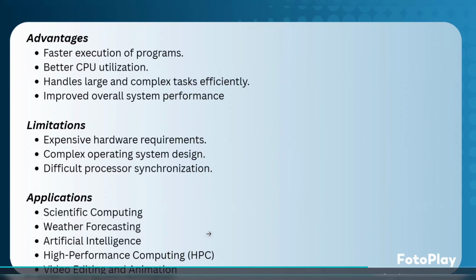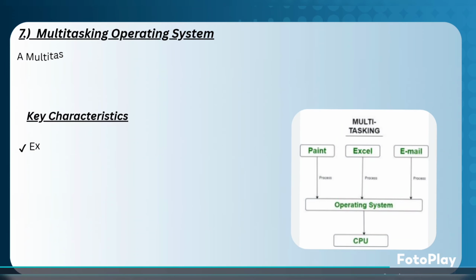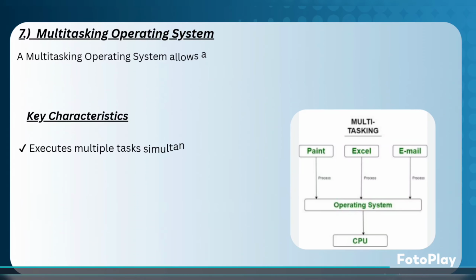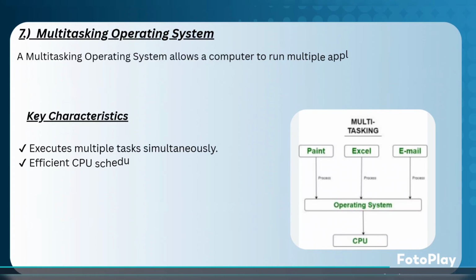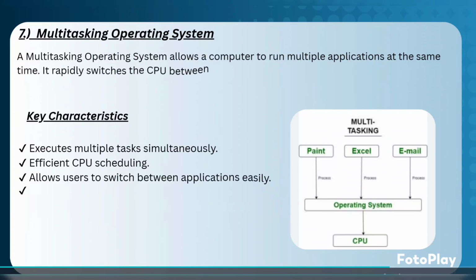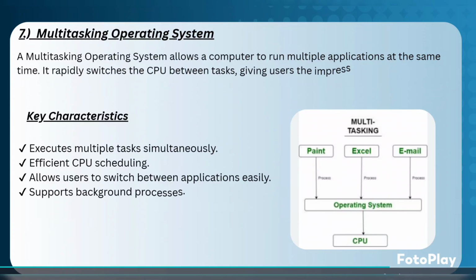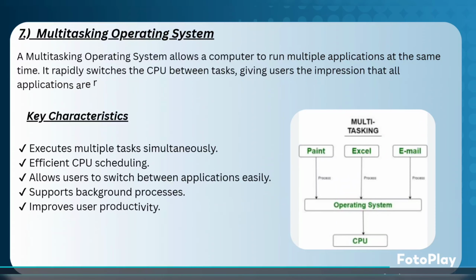Now let's move to our next topic, which is multitasking operating system. This is probably the operating system that all of us use every day. A multitasking operating system allows a computer to run multiple applications at the same time.